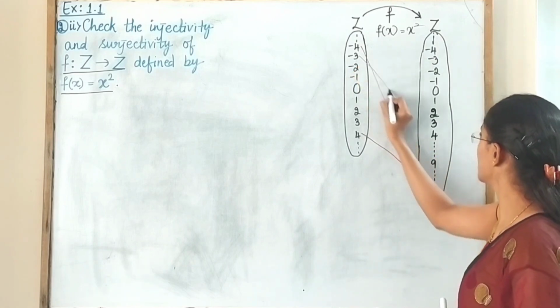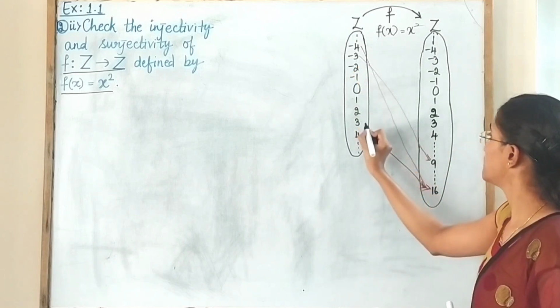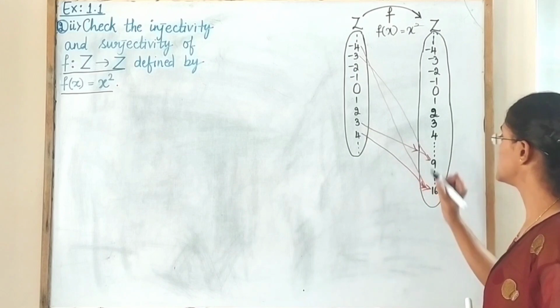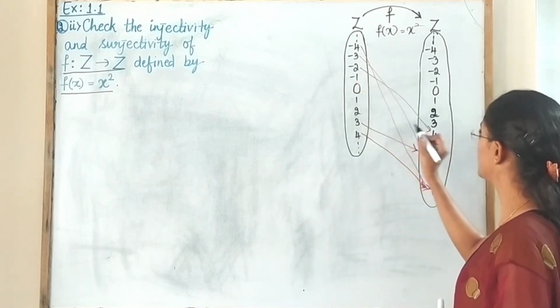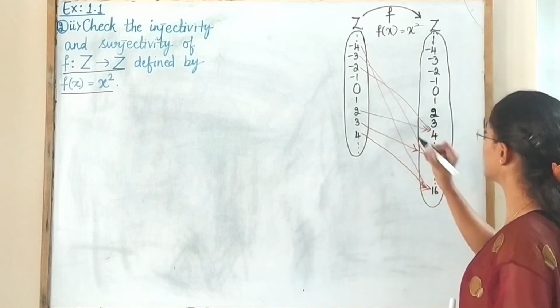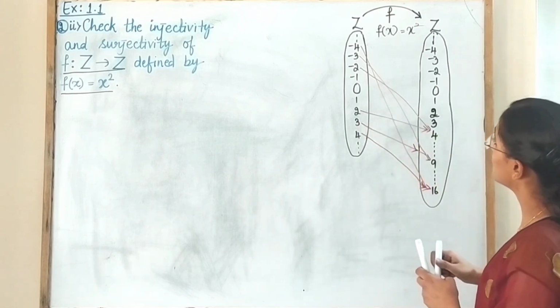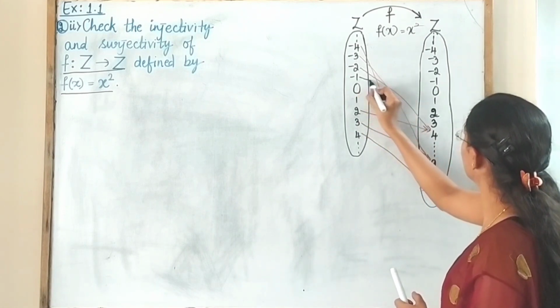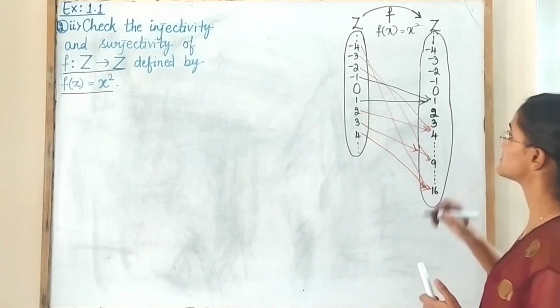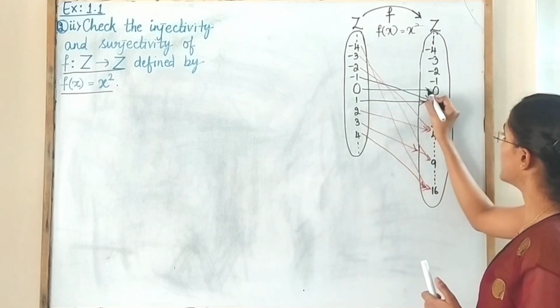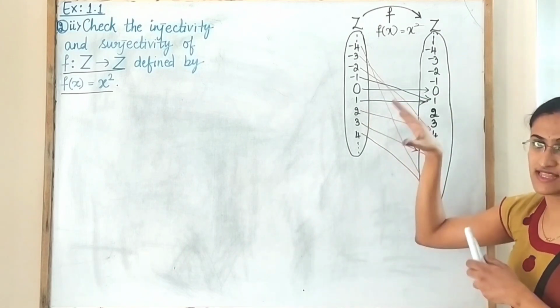Then minus 3 gives us plus 9. Plus 3 also leads to plus 9. Minus 2, 4. Plus 2, even that is 4. Then minus 1 will give plus 1. Plus 1 gives us plus 1. 0 mapped to 0, and it moves on in the same way.